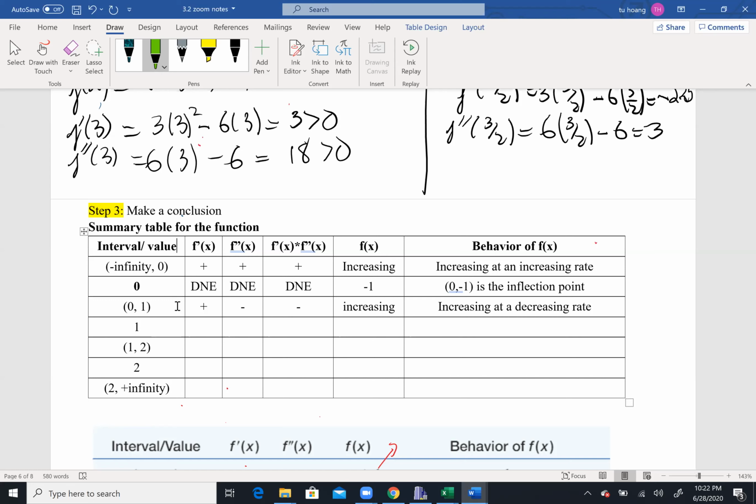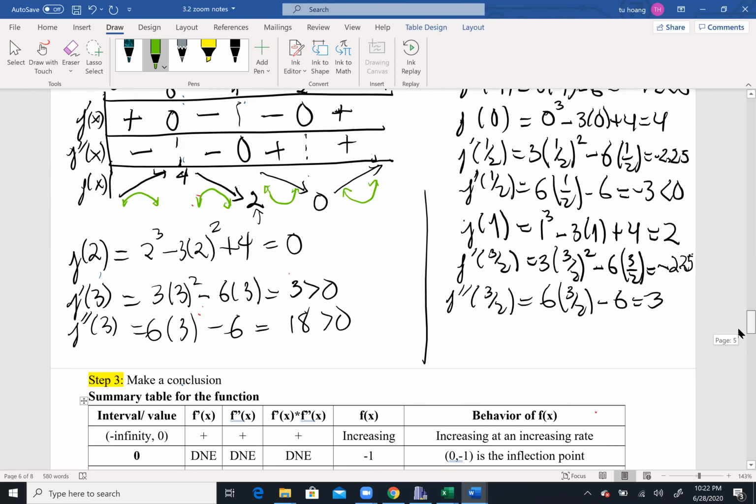Okay, so now let's take a look at the first derivative. For the first interval, I have positive, negative, positive for the first derivative, right? And negative for the second, and the product has to be positive times negative is negative, right? f(x) is increasing, and the behavior has to be increasing, but at a decreasing rate, right?